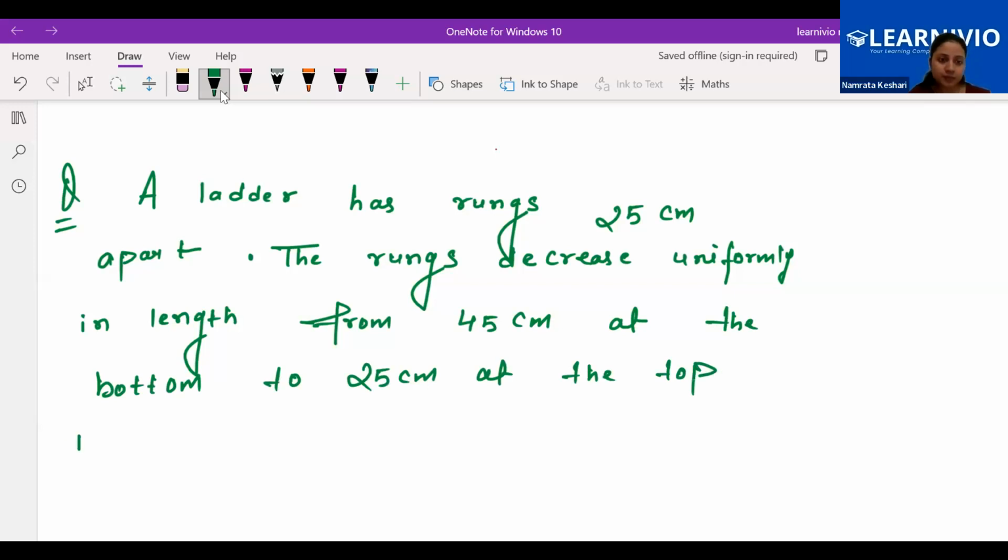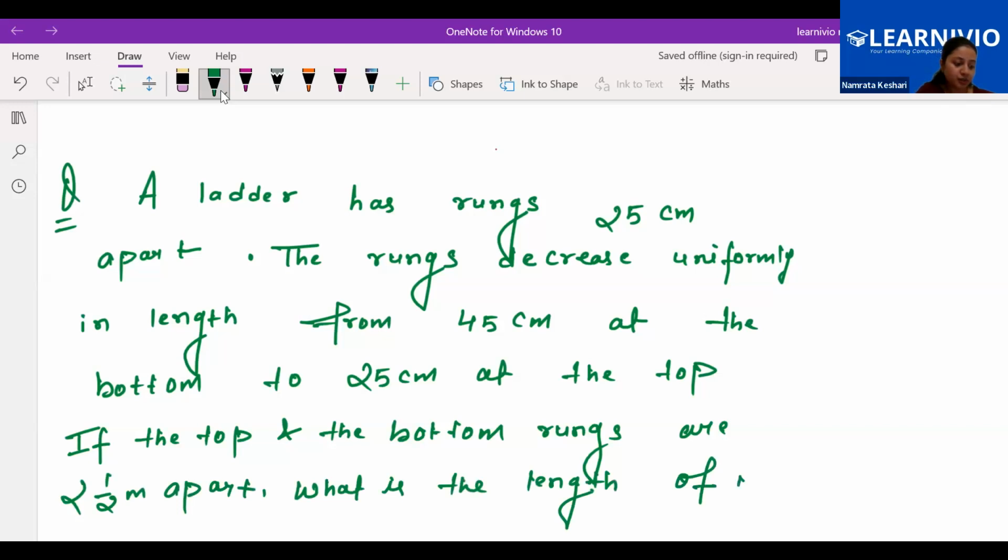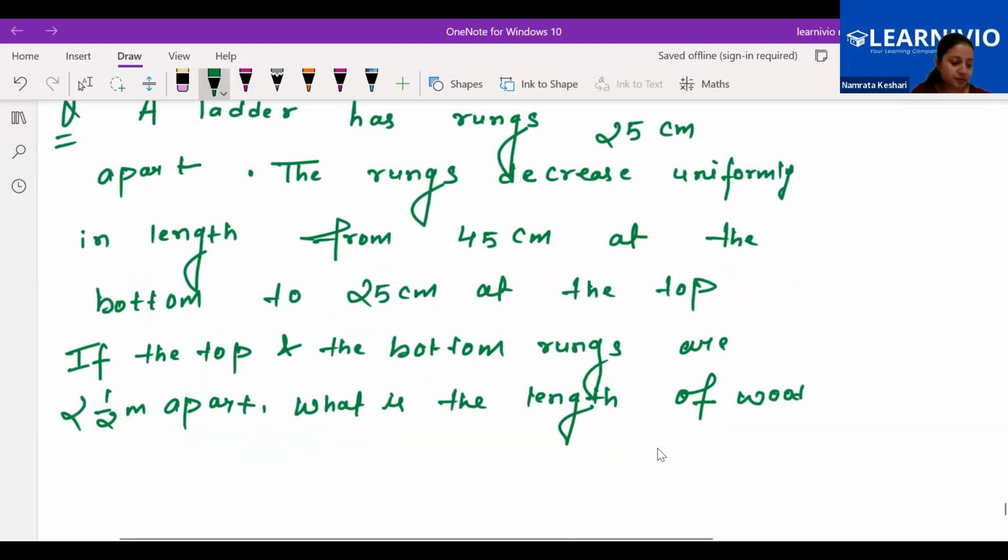If the top and the bottom rungs are 2.5 meter apart, what is the length of wood required for the rungs?